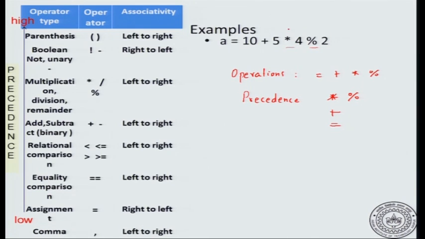Among all these operations, we know that 5 star 4 will happen first. Then this will be followed by modulo 2. And then this will be followed by 10 plus. And finally, you do all these operations, get the value and assign it to A. So this is the way in which the above expression will be evaluated.